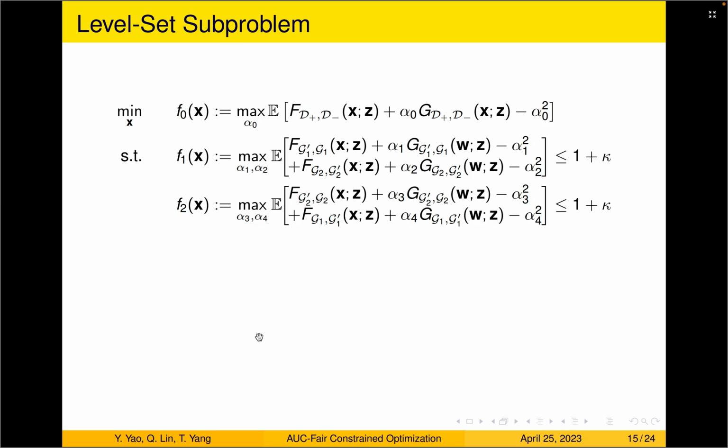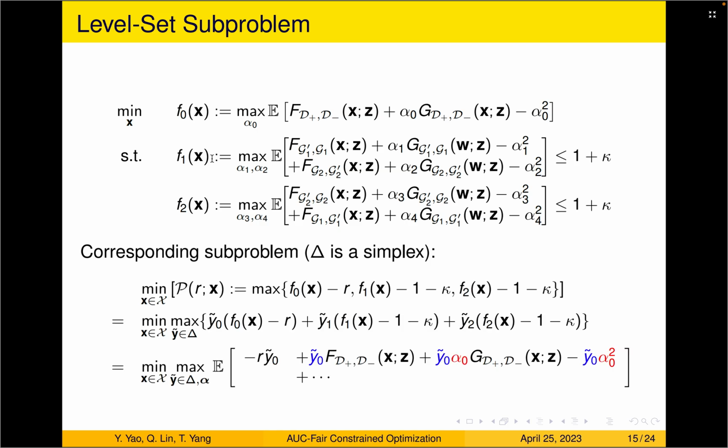So as I mentioned before, we need an oracle to solve the level set subproblem. So recall that this is the formulation for our problem, and the corresponding subproblem is we want to minimize the p_r(x), which is minimize over x and max over y tilde belonging to a simplex.